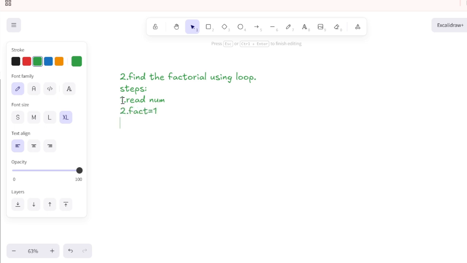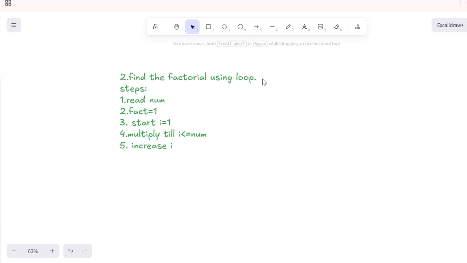Factorial needs to be initialized to 1, and start i equal to 1. Multiply till i is less than or equal to num. Next, increase i. These are the steps we are going to follow.